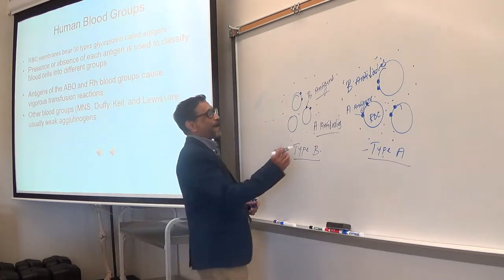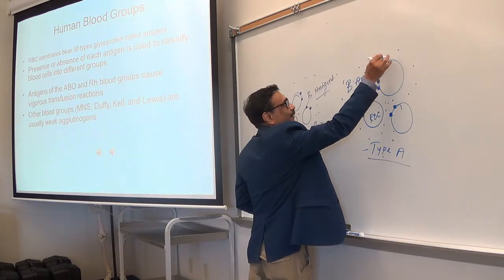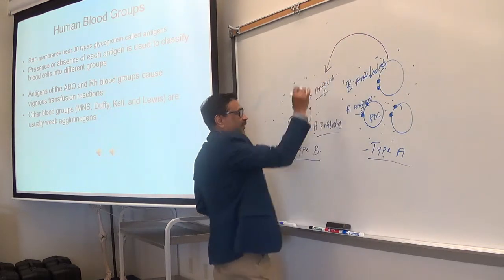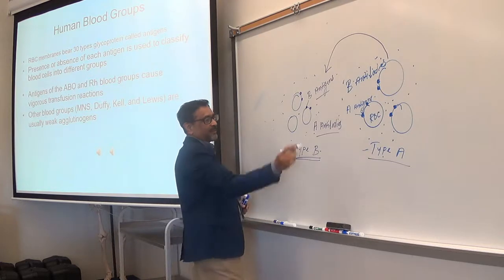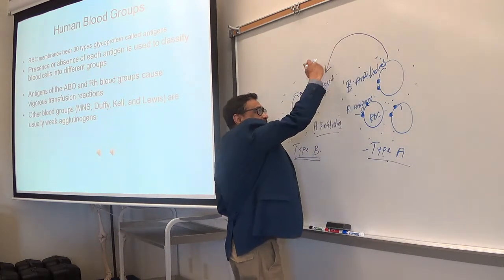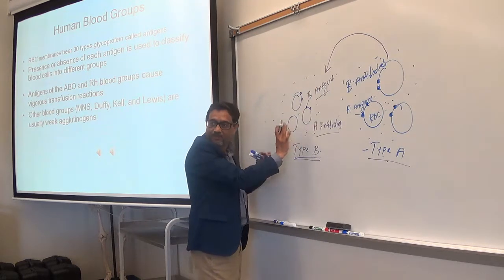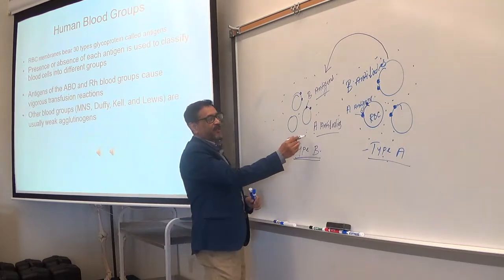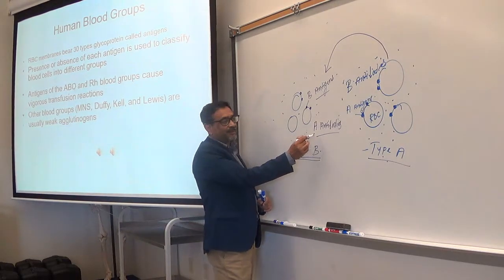Now, if you give this blood to this person, this person is the recipient, and this person is what? Donor. Okay. So donor's blood enters into the recipient's body. Now you see what type of antibodies are in the plasma.